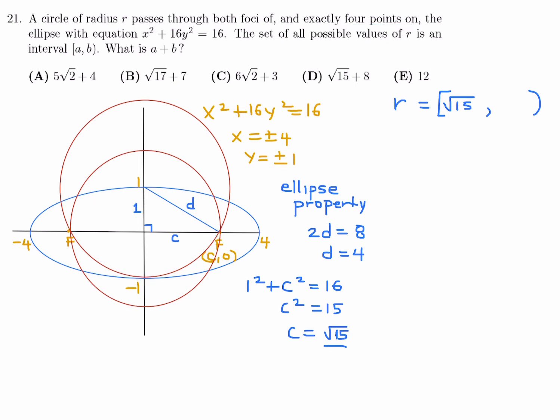Not a problem. We'll just draw the circle again, but this time we'll draw the circle just ever so slightly below, because we want to figure out the absolute upper limit.